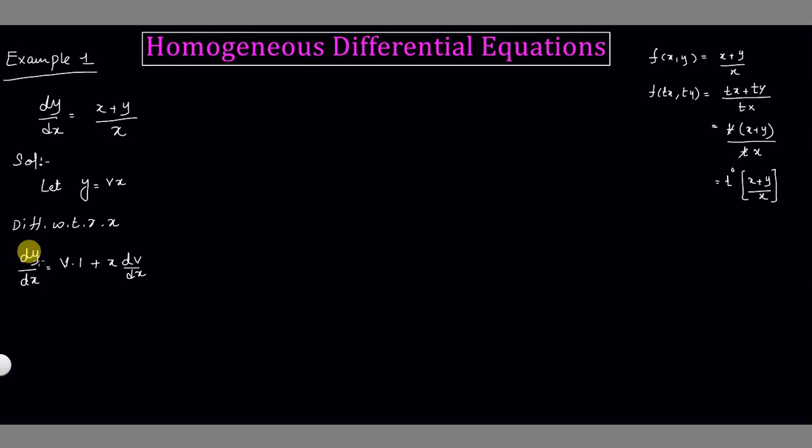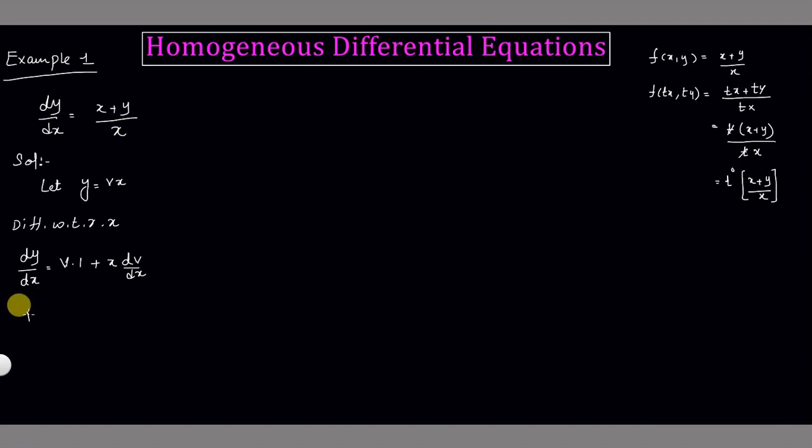So this is the value of dy over dx, and then we will substitute the value of dy over dx in the left hand side of the given question, and y will be substituted wherever y is present in the right hand side. So what we will get?